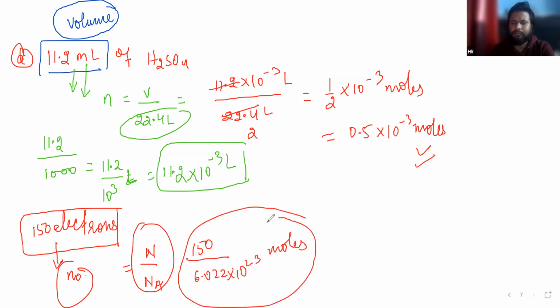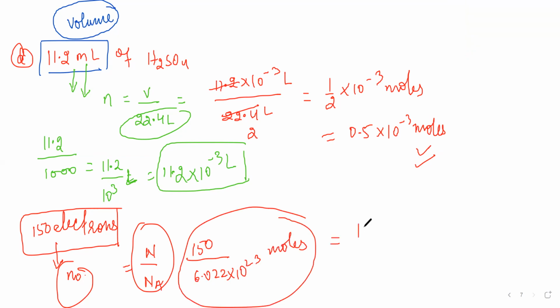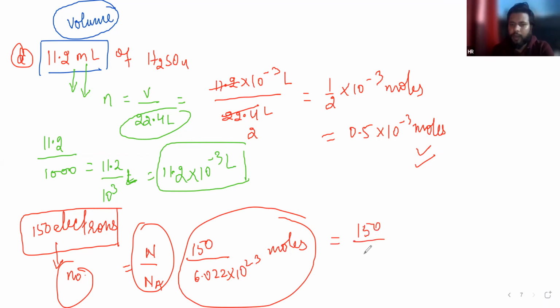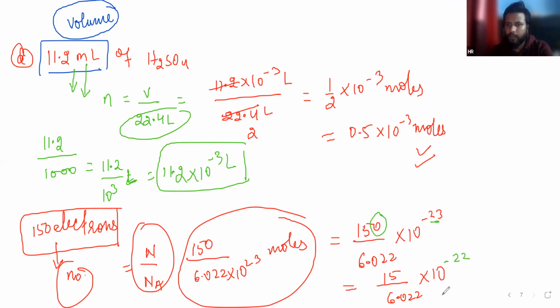You can also write it like 15 upon 6.022 into 10 raised to the power, here it is 10 and here it is minus 23, so it will be minus 22. If you divide 15 upon 6.022, it will give 2 point something into 10 raised to the power minus 22 moles.